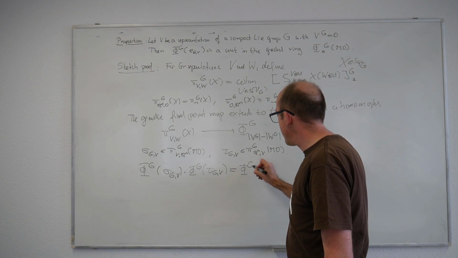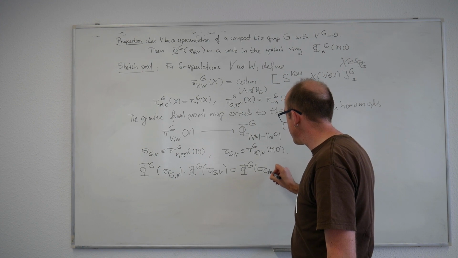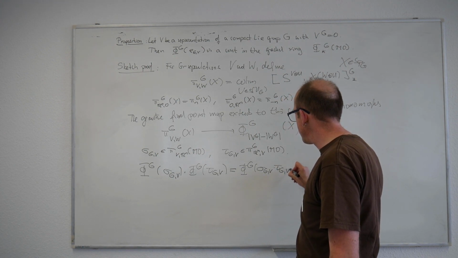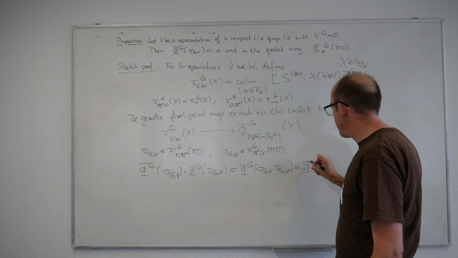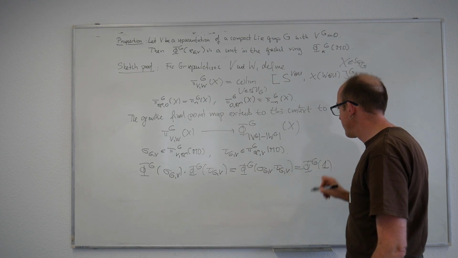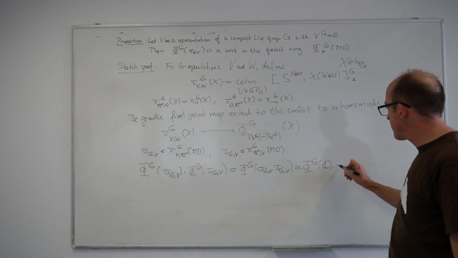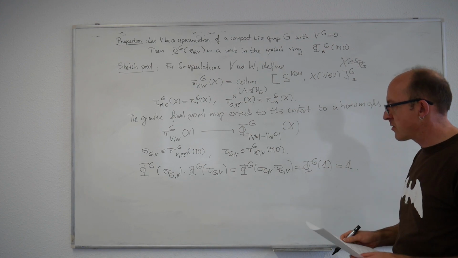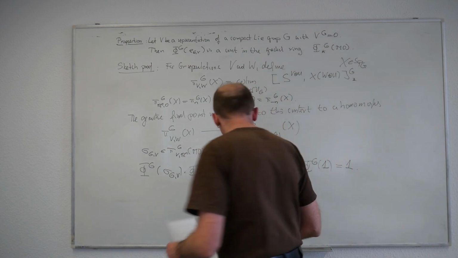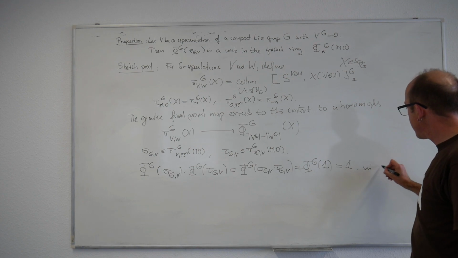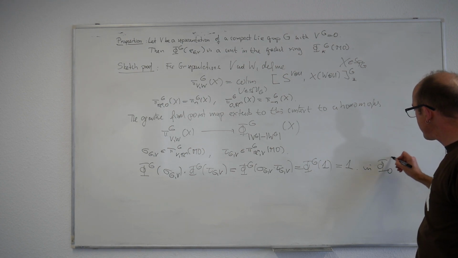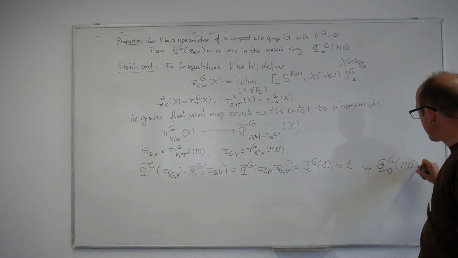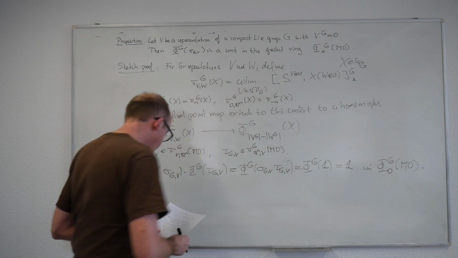We get phi G of sigma GV times tau GV. This is phi G of 1 in pi 0 grading, and of course it's a ring map, so 1 goes to 1. So this is a relation. Where does this stand? This lies in the 0-dimensional geometric fixed point homotopy groups of MO.